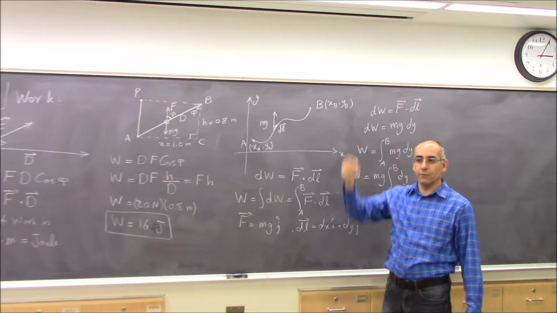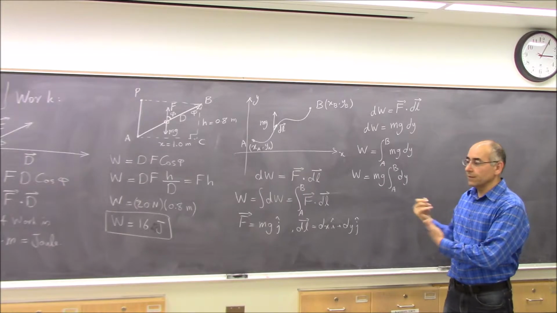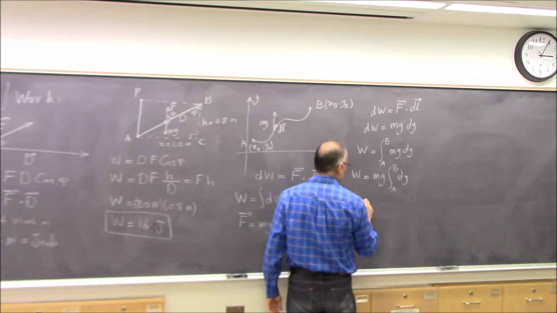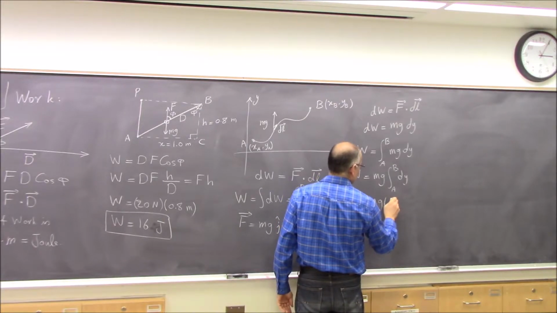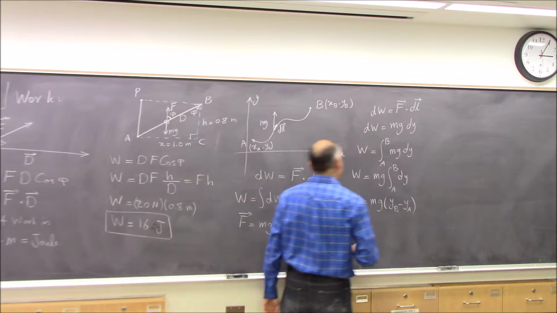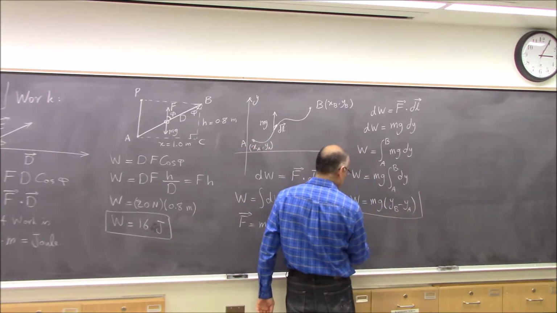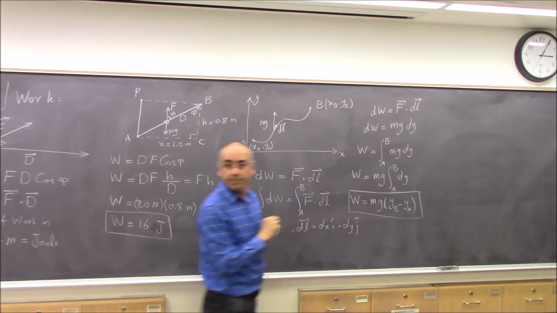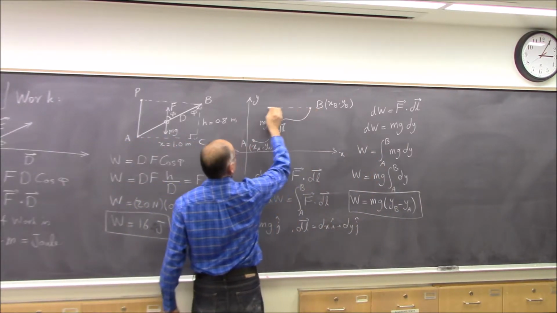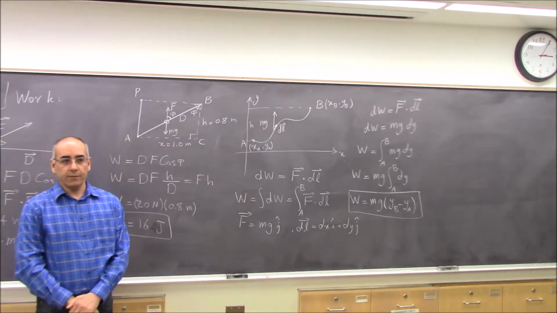Just how much you go higher. Doesn't matter how much you go horizontally. So W becomes mg times y at b minus y at a. Or in this case, mgh. Right? If this is at height h above this one, that will be mgh.